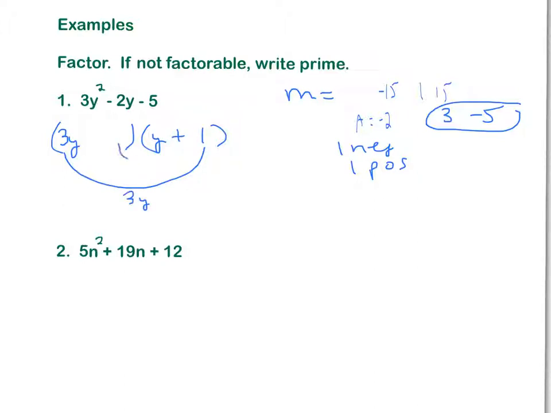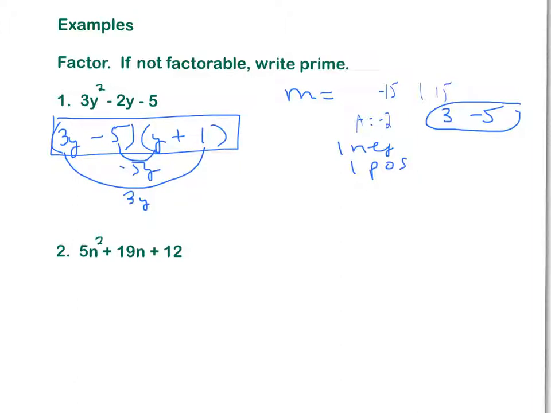And then this times this needs to give me the -5. So I have the -5y here, which will add to give me the -2y. And you'll notice that -5 times 1 is going to multiply to give me the -5. So this is the guess and check method. Okay? You'll notice I'm figuring out what works by thinking backwards. If I foiled this, would I get what I started with?